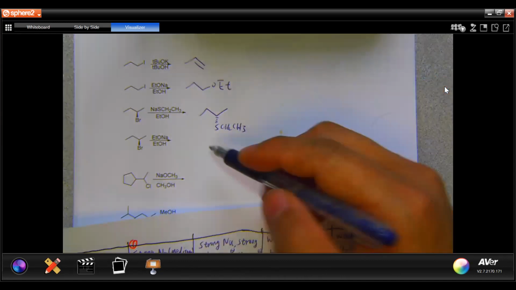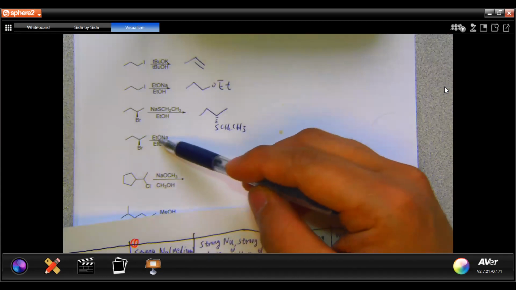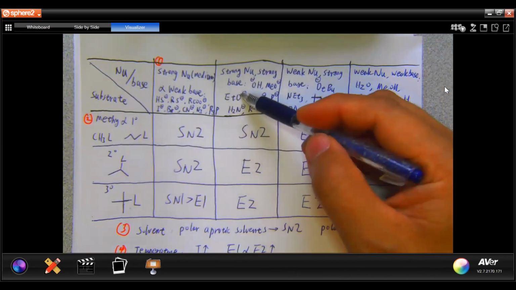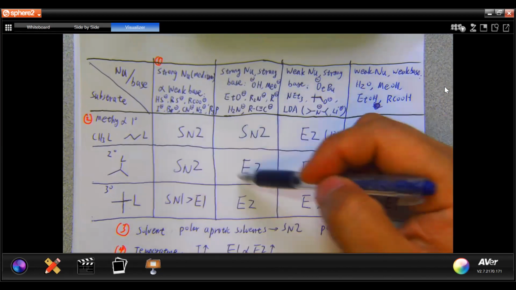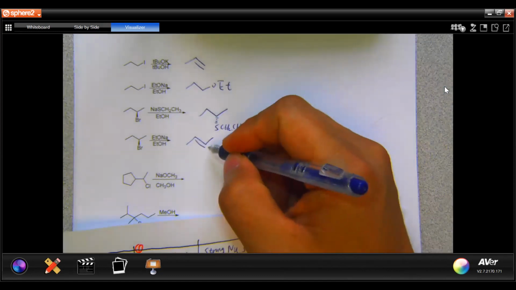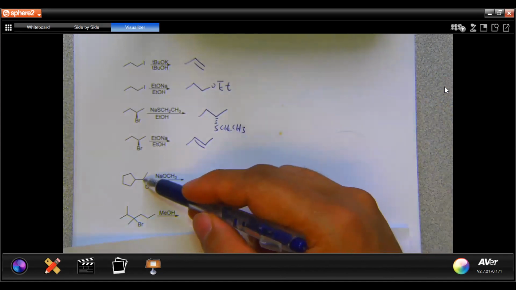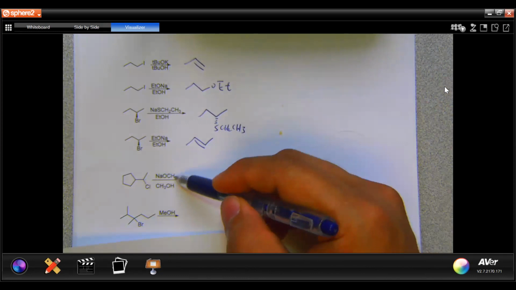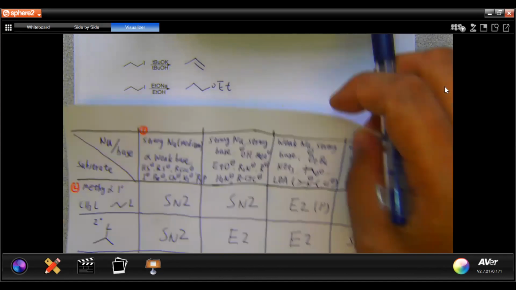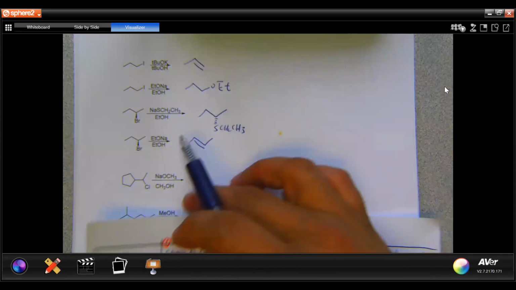And then the next one, the same substrate, but here the reagent is a strong base, strong nucleophile. Secondary with a strong base means E2 becomes the major product, and we follow Zaitsev's rule, so we get the more substituted alkene. Then the following case is still secondary with a very strong base, methoxide, the same as before.